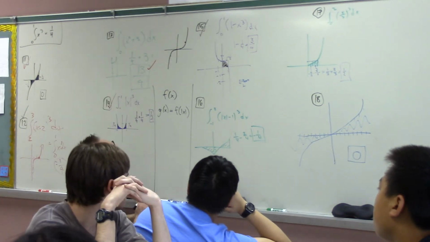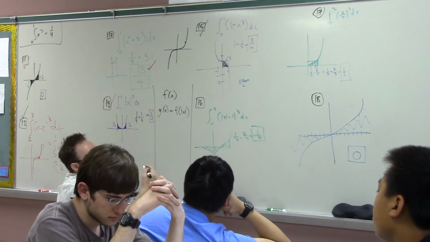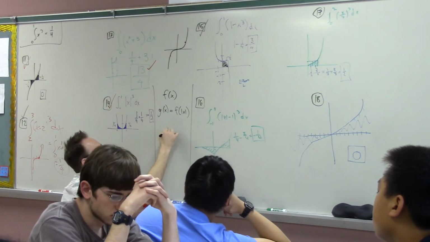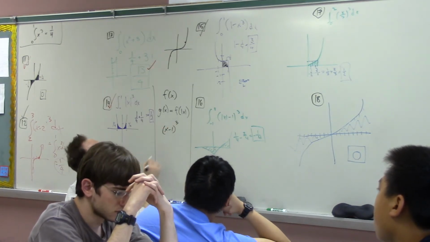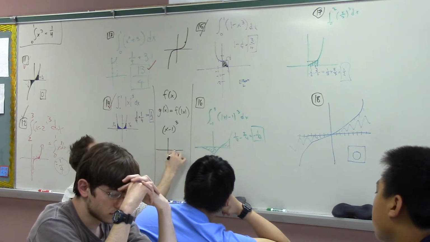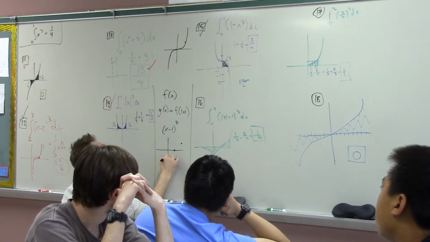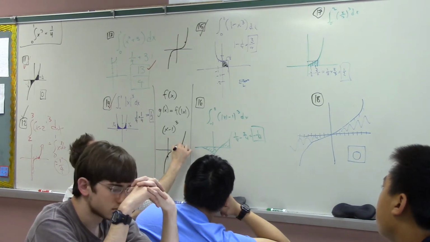Yeah, so how do I graph this? To me, the simplest way to think about this is to take the x minus 1 cubed graph, which looks like, well, it's going to be up and then flat and then up like that.